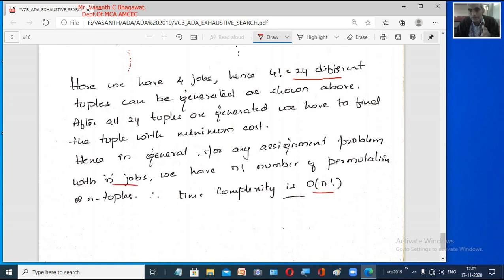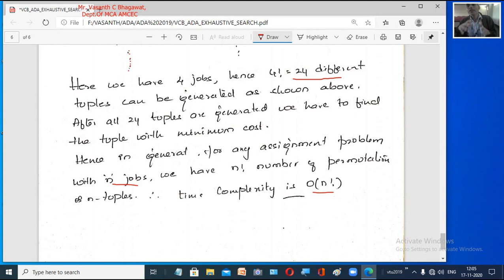So you have 4 jobs to be assigned to 4 persons. 4 factorial is 4 into 3 into 2 into 1, which is equal to 24. So the time complexity will be n factorial, and you can see it takes a lot of time.